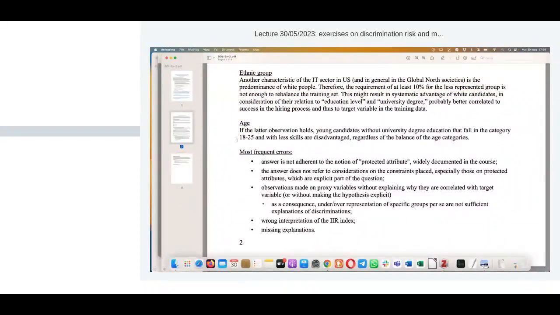They are in the category 18 to 25. And again, if education will be relevant for the target variable, you might have this link. This is a risk analysis. It doesn't mean that the discrimination will occur, but you have to identify the elements of possible risk.